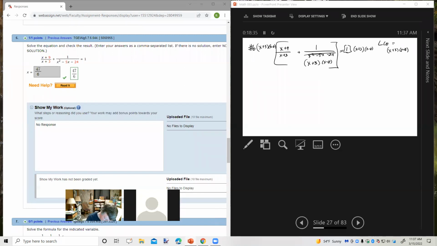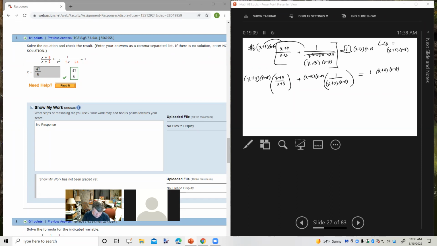So on the left side, distributing, you've got (x+3)(x-8) times (x+9)/(x+3) plus (x+3)(x-8) times 1/((x+3)(x-8)) equals 1 times (x+3)(x-8). Okay, so I just distributed the LCD.